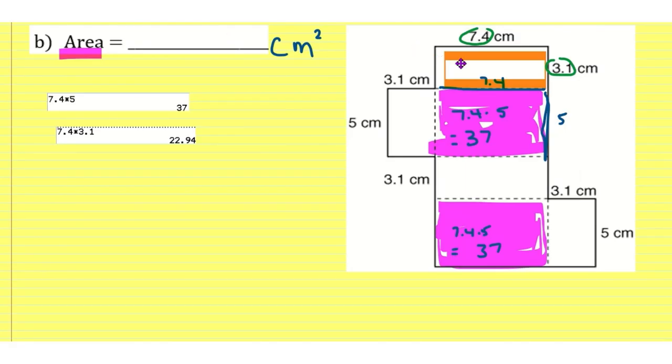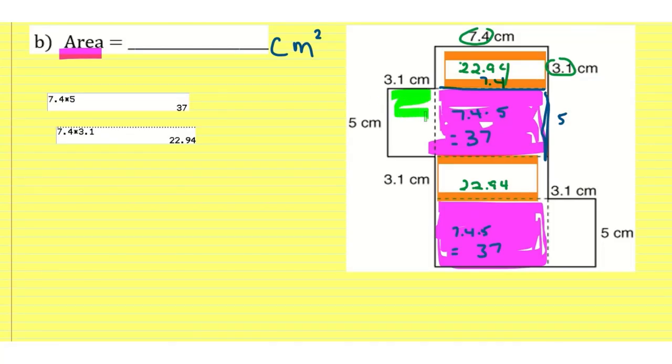But this space right down here is identical to it, right here. So it is also going to be 22.94. Okay, and what's the space that's left?